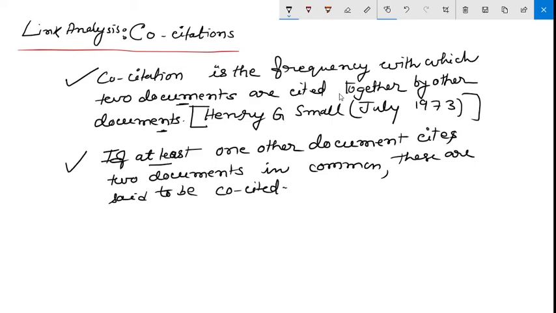So another third important point, what is the co-citation strength?